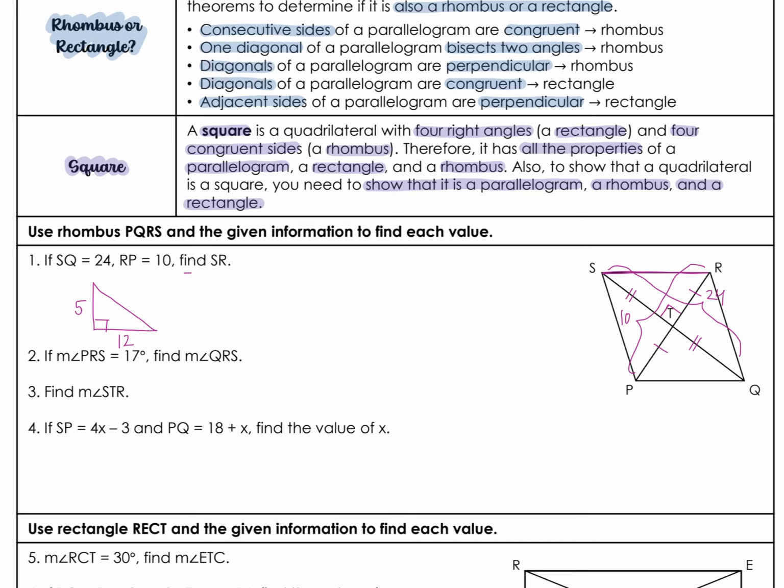So we'll get 5 squared plus 12 squared is equal to c squared. So 5 squared is going to give me 25, plus 12 squared gives me 144. When I add those two together, I'm going to get 169 is equal to c squared.